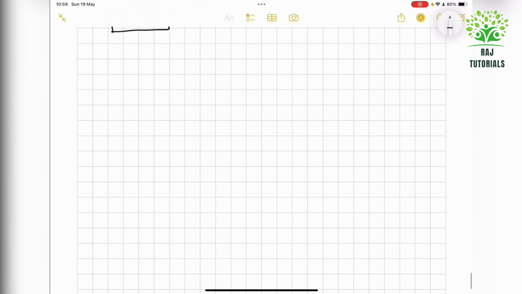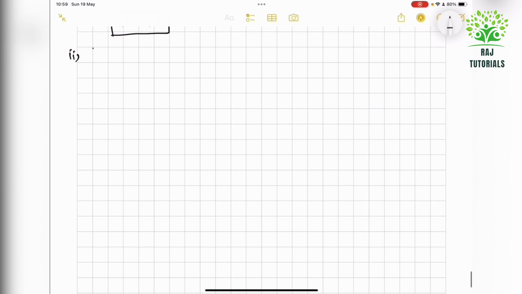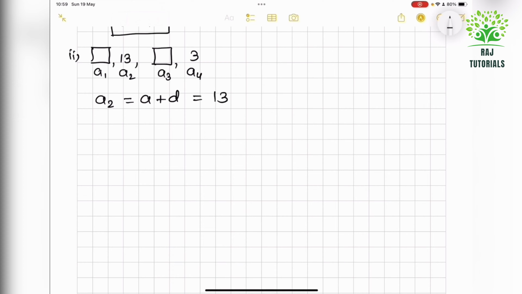Now the second one says: box, 13, box, 3. So A1, A2, A3, A4. Now see here what I know. A2, that is a plus d, equal to 13. A4, that is a plus 3d, that is 3.